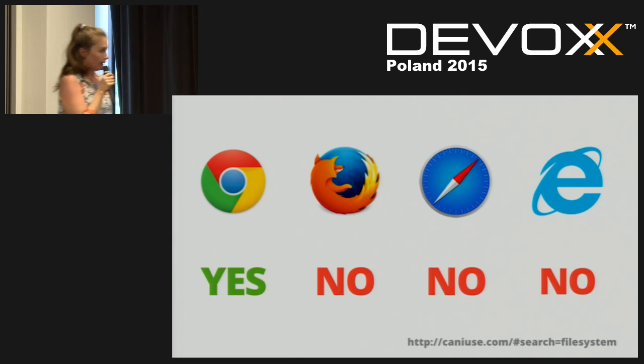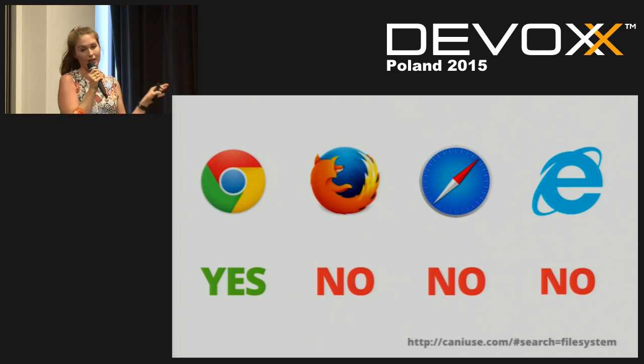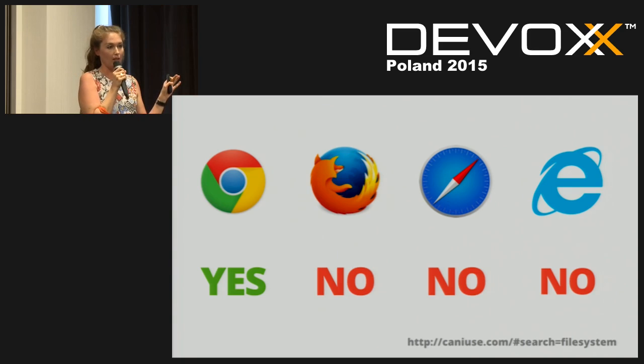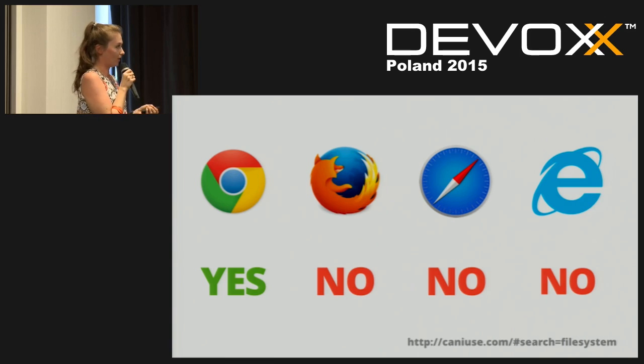But if we have a look at the File System API, which actually physically stores the file on your system, it doesn't look so good anymore. This is only supported by Chrome, and as far as I know, it will not be supported by any other browsers than Chrome. So if you have to deal with images and offline functionality, that's something you may want to check twice. Maybe that's something you cannot offer your users, or like we heard, you can store blobs in the IndexedDB. That might work for the images for you, but we have no experience with that. So just a word of caution.